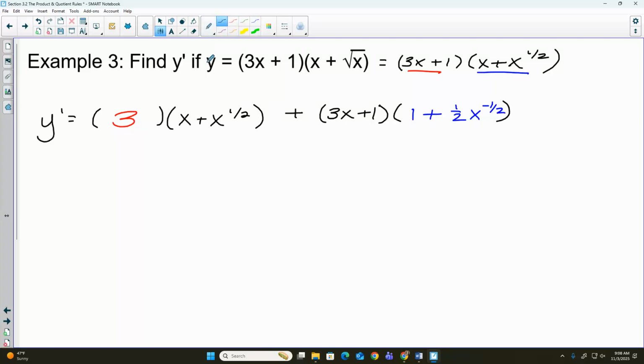All right, if I asked you to go ahead and multiply this out to simplify, could we? Just distribute, we get 3x, 3x to the 1/2. Over here we FOIL, so plus 3x. Plus 3/2, you add powers, 1 plus 1/2 is positive 3/2.